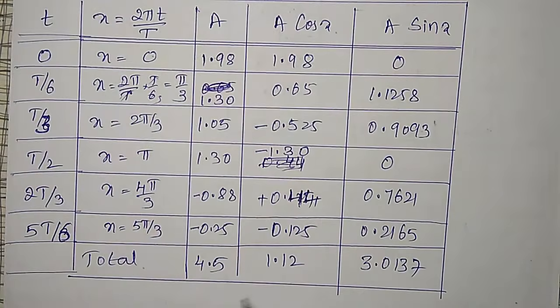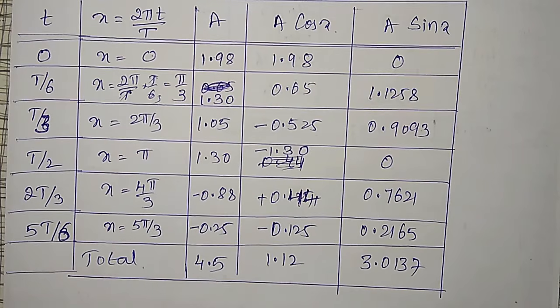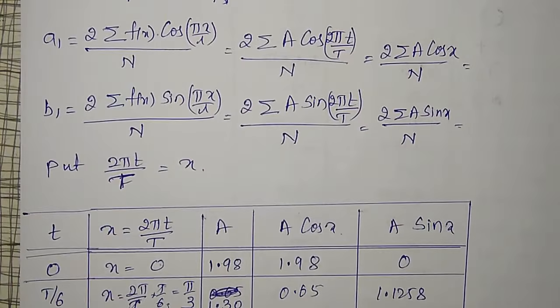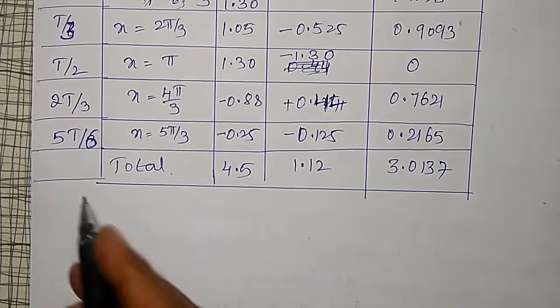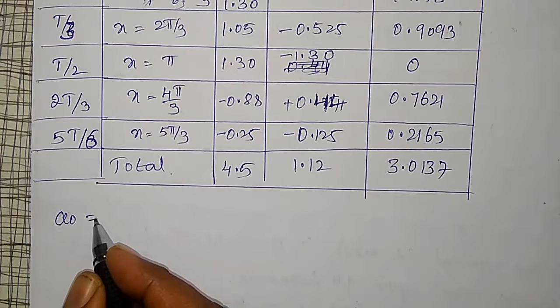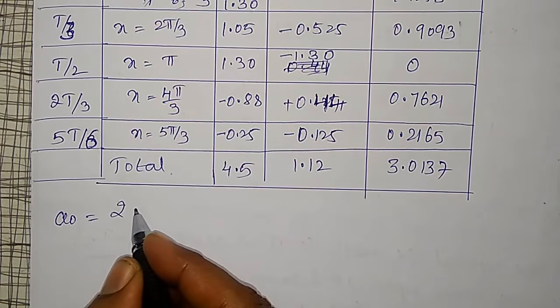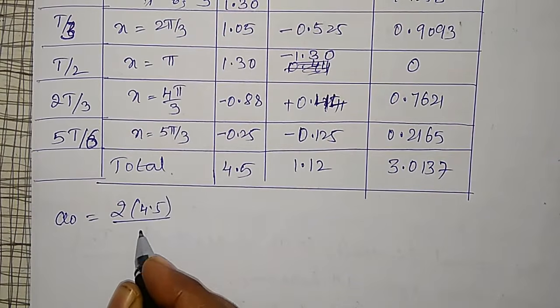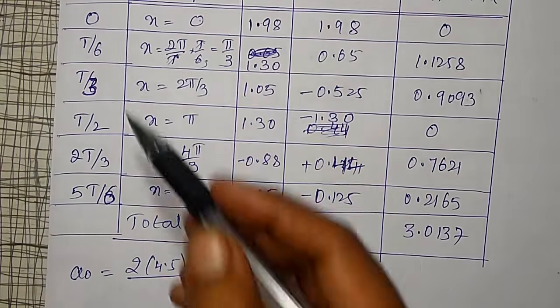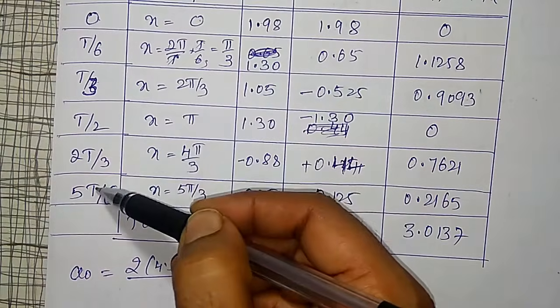This I have prepared my table. All these are sum values, and these sum values I am going to substitute in the formulas for a0, a1, b1. Therefore my a0 value will become 2 times summation A, summation A is 4.5, divided by N, total number of observations equal to here 1 2 3 4 5 6.